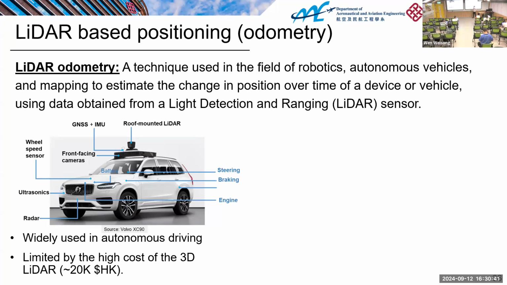You can see a significant decrease in the cost of LiDAR. Several years ago, because LiDAR was too expensive, mass production of autonomous driving cars was still far away. But currently, we can see some clues that autonomous driving cars are coming into our lives, because the cost of sensors like LiDAR has reduced significantly over the past years.